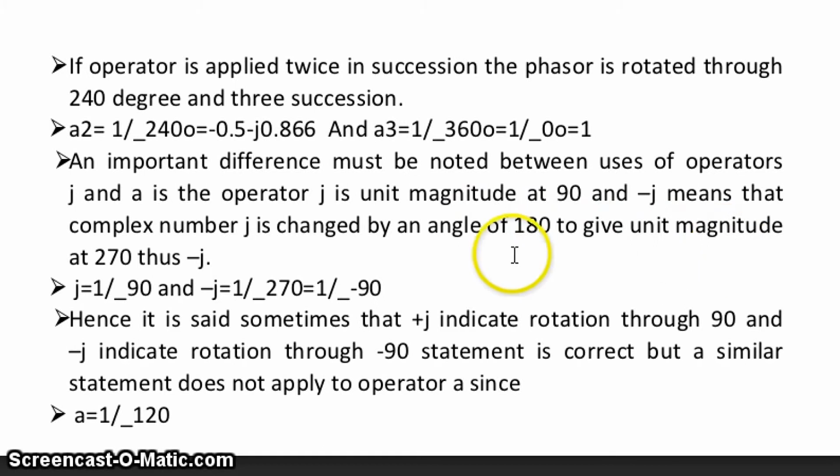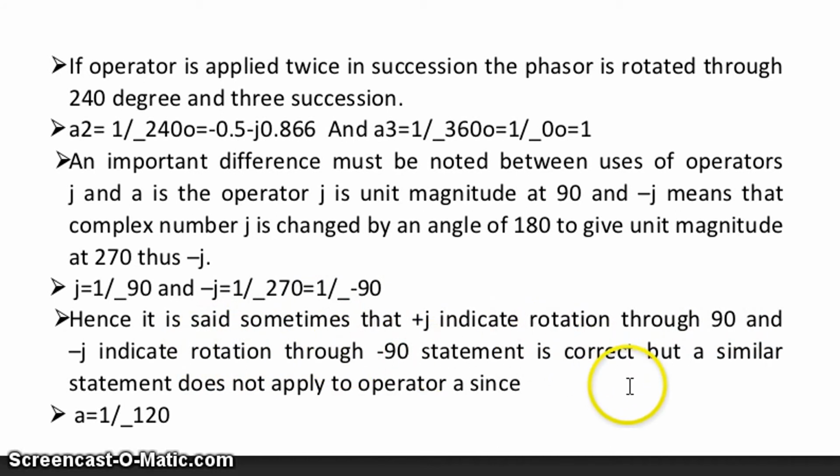From 90° we rotate it 180° more in anti-clockwise direction, which gives you 270°, and 270° measured in clockwise is minus 90. So basically minus j is equal to 1 at an angle of minus 90. Hence it is sometimes said that plus j indicates rotation through 90° and minus j indicates rotation through minus 90.